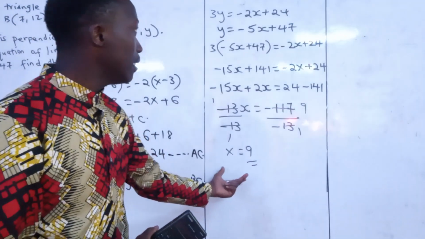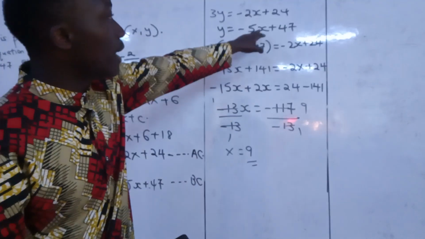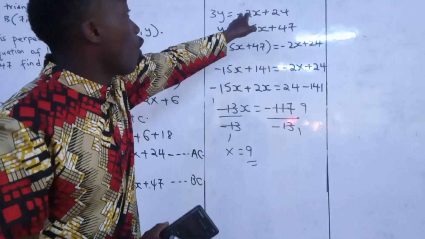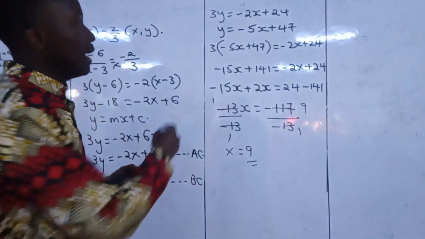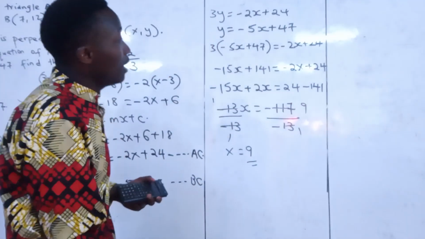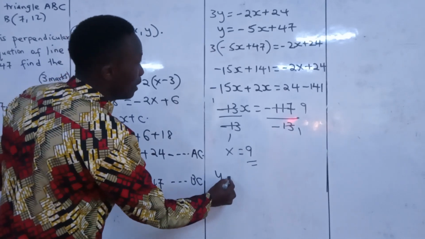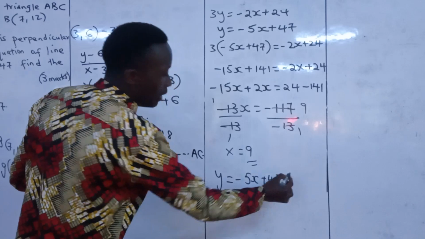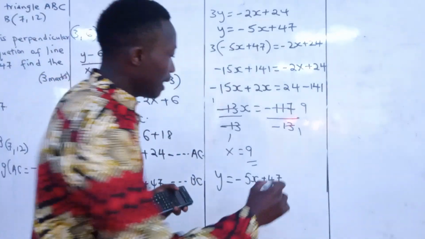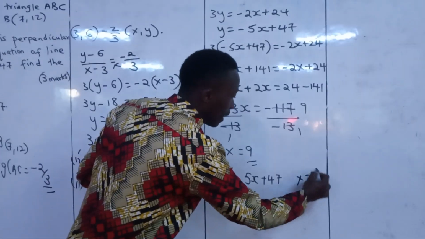Having our x as 9, we can substitute our value of x into the second equation or into our first equation to get the value of y. So let's choose to use the second equation, and our second equation was y is equal to negative 5x plus 47, bearing in mind that our x is equal to 9.